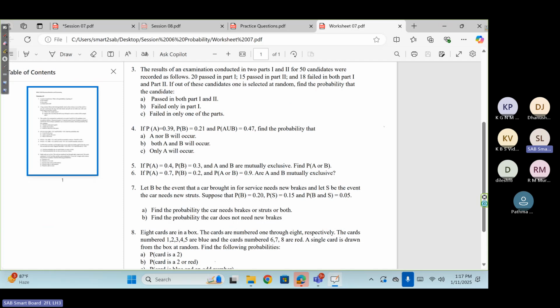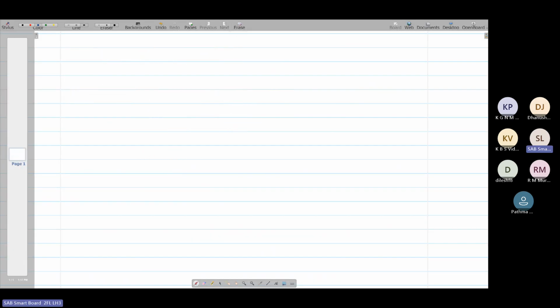Then the third point, C. Failed in only one of the parts. It means what? These candidates failed only one part.